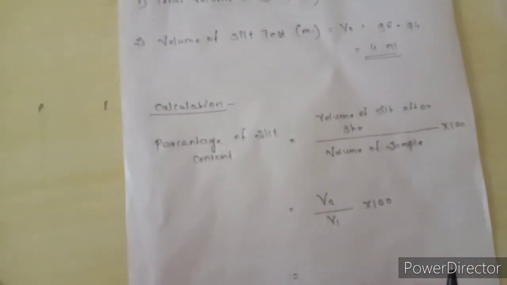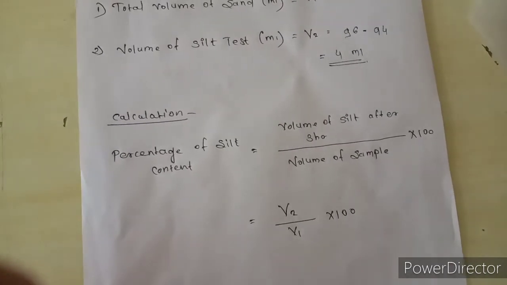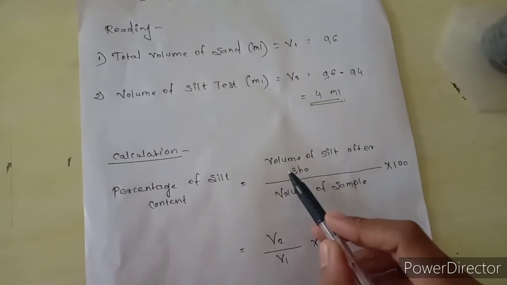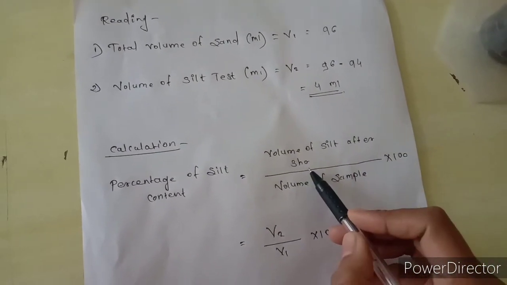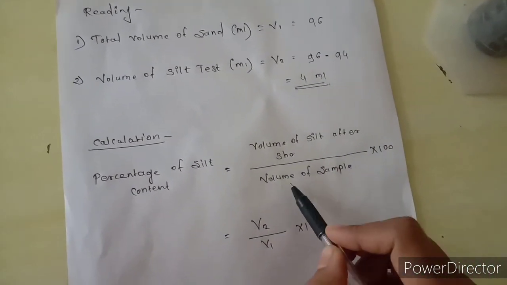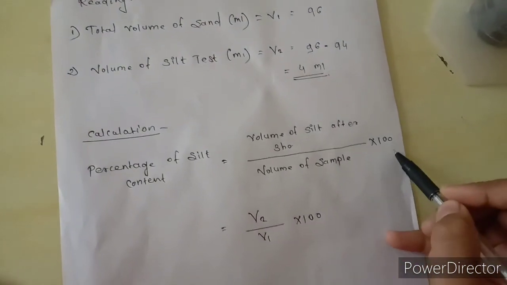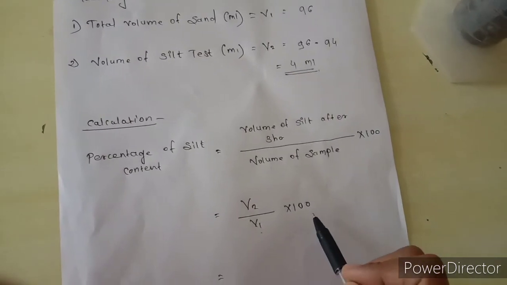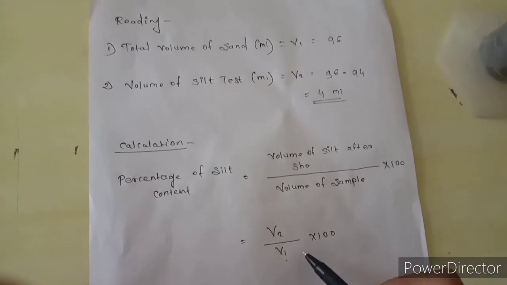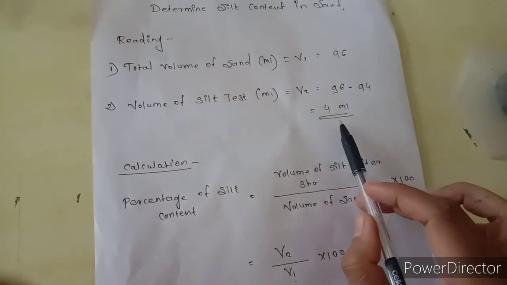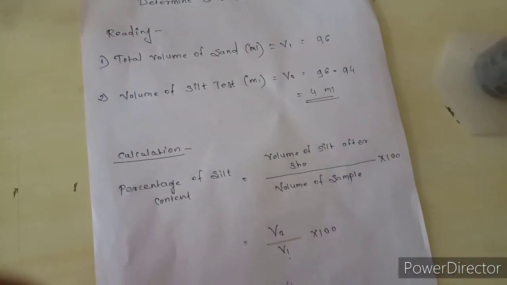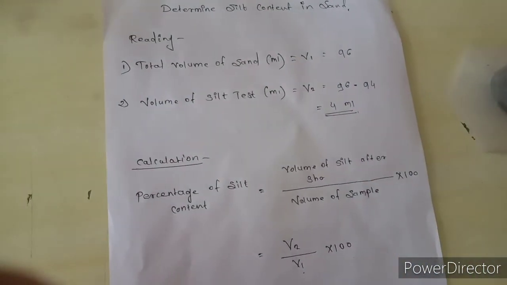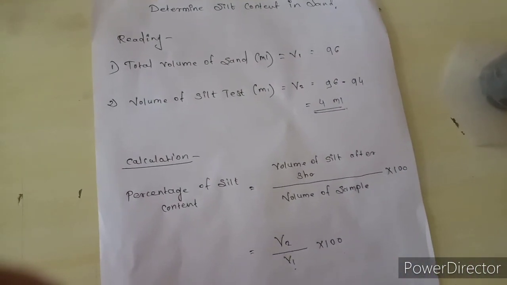The calculation is the percentage of silt content. The formula is the volume of silt after 3 hours divided by the volume of sample, multiplied by 100. So V2 divided by V1 multiplied by 100, where V2 is 4, divided by V1, which is 96, multiplied by 100.